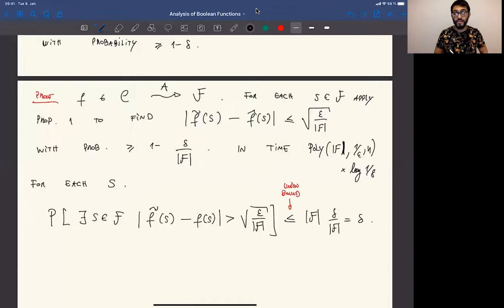The probability that there exists an s that violates what we want is less or equal than the sum of the probabilities, so this is the union bound, and this is delta. So that means that with probability greater or equal than 1 minus delta, all these inequalities are satisfied for every s in the family.